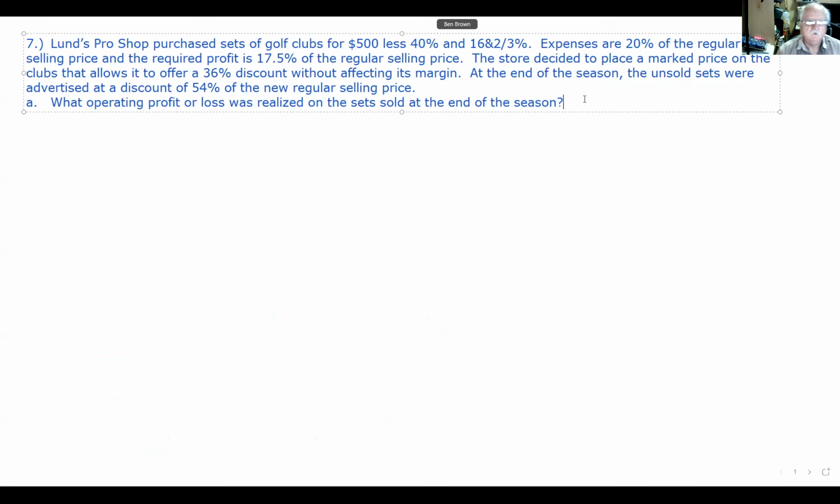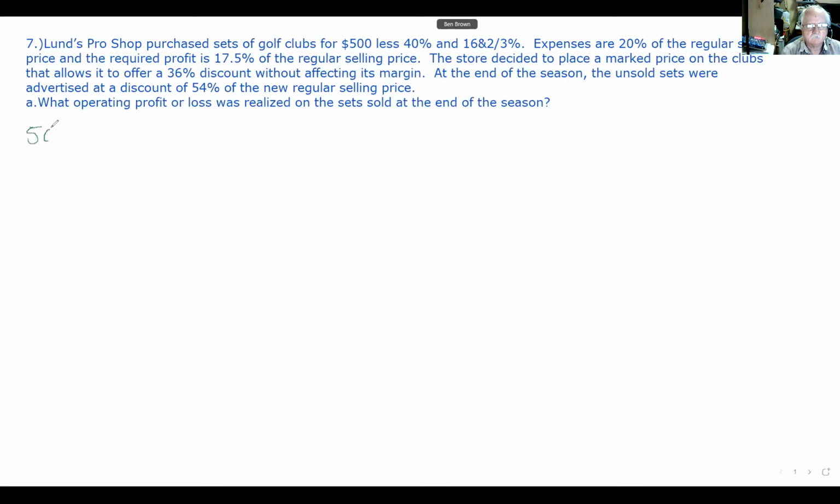So Lund's Pro Shop purchased sets of golf clubs for 500 less 40% and 16 2/3%. So again, the first thing we have to do is figure out their cost. 500, 1 minus 0.4 and 1 minus 16 2/3 is going to be 1/6.